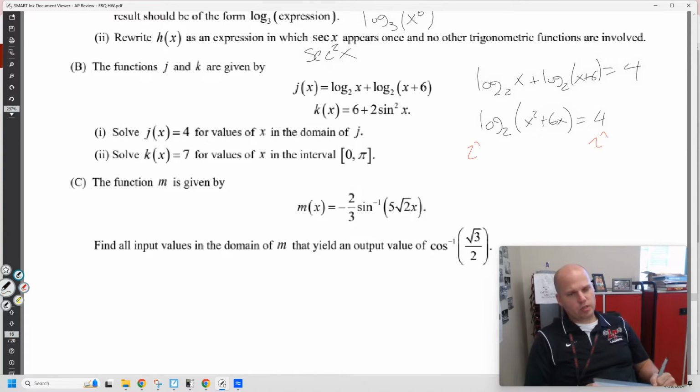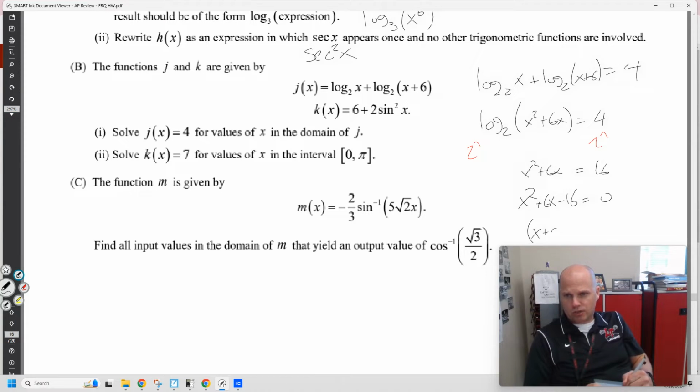Make sure it's not 2 times 4, it's 2 to the 4th: 2, 4, 8, 16. We then look to solve by factoring. We make sure we exclude any extraneous solutions. We are not allowed to plug in negatives into logs. We get -8 and +2. I'm not allowed to plug in -8, so we would say that's extraneous. We'd cross it off.